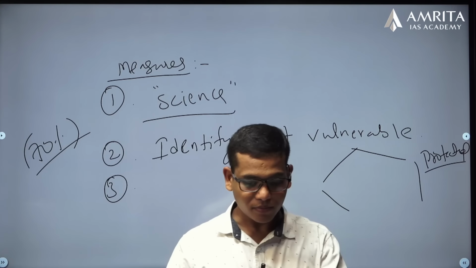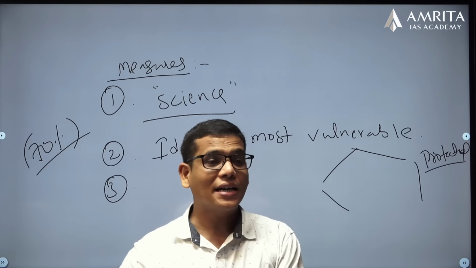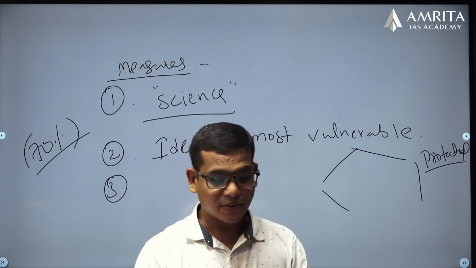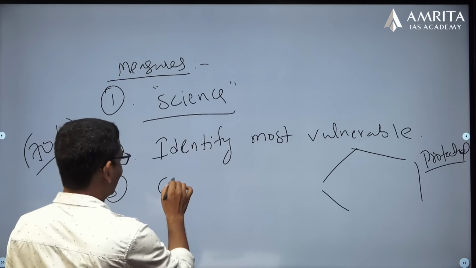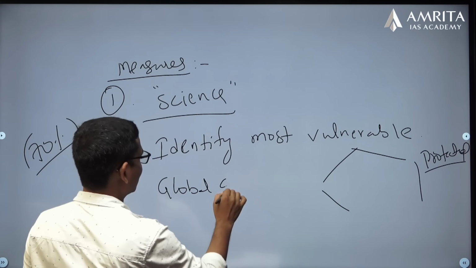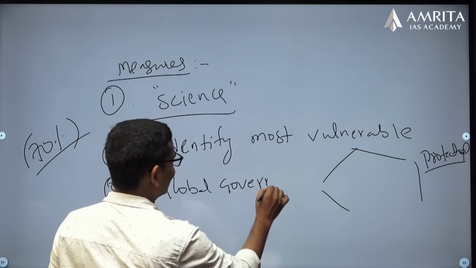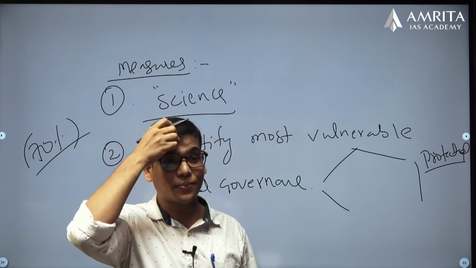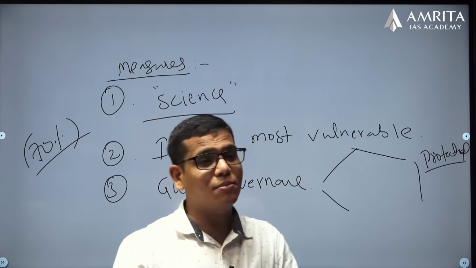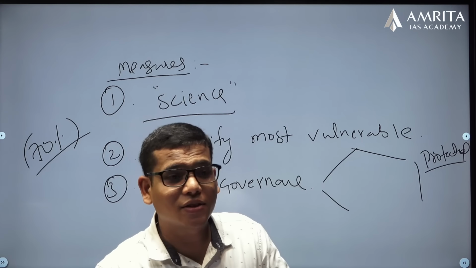Next, another important measure that you need to take is global governance, because the ocean does not belong to one country, as oceans don't have borders physically.